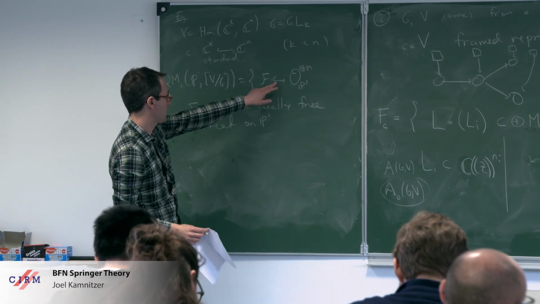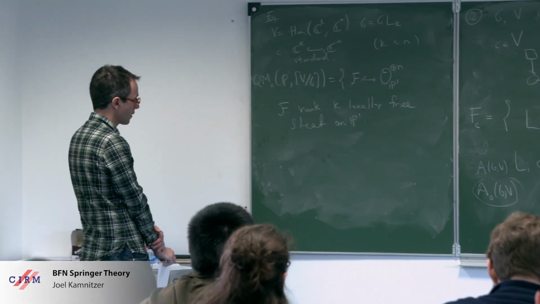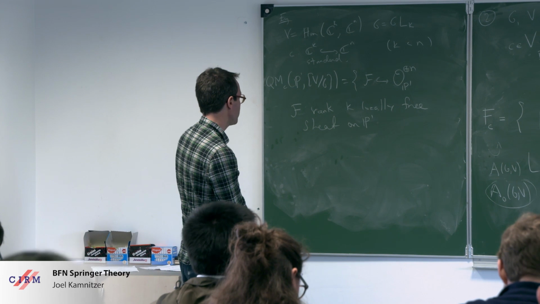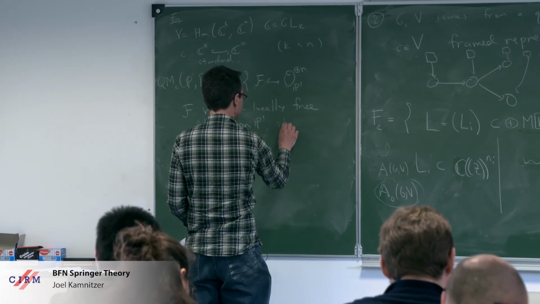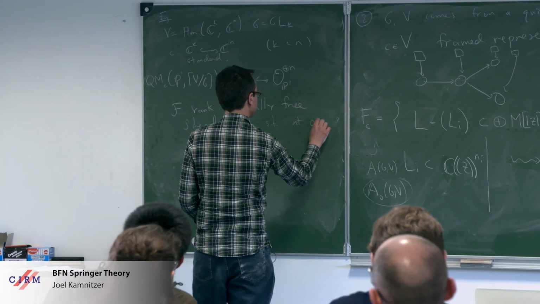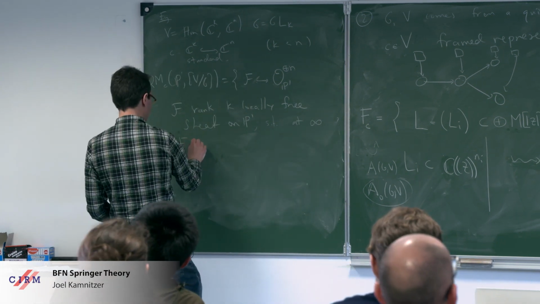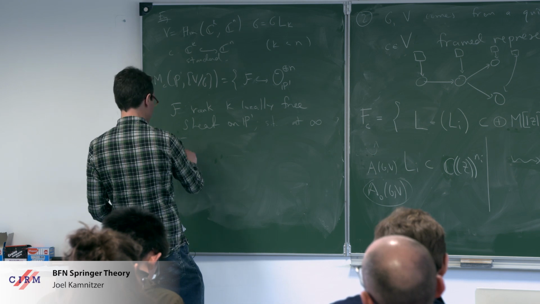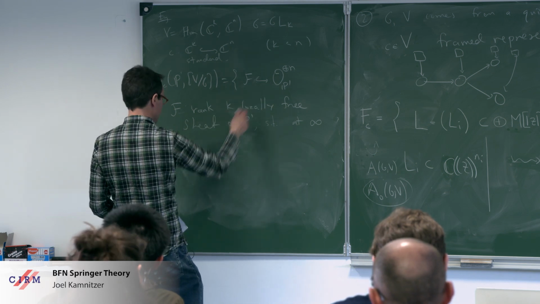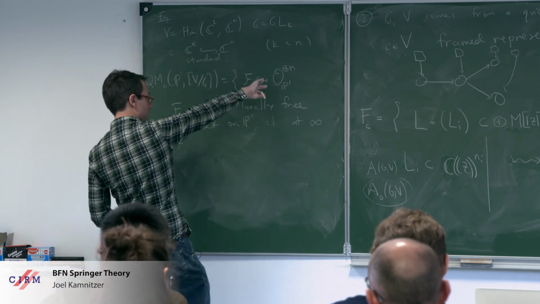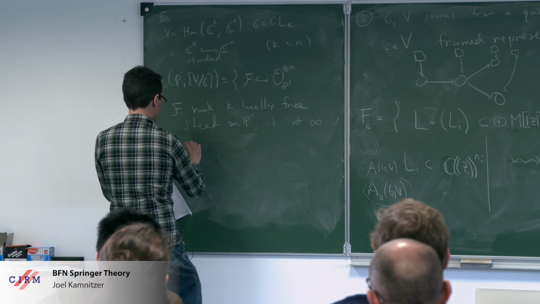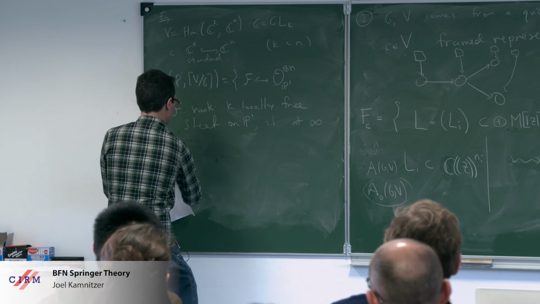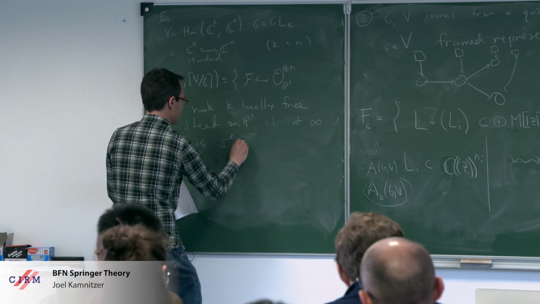But this map here is not necessarily an inclusion of vector bundles, just an inclusion of coherent sheaves. But I also want the condition, related to this base condition, such that at infinity this map is an inclusion of vector bundles, and in fact just corresponds to the usual inclusion of C^k into C^n.